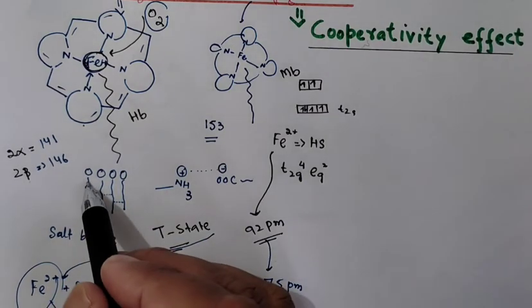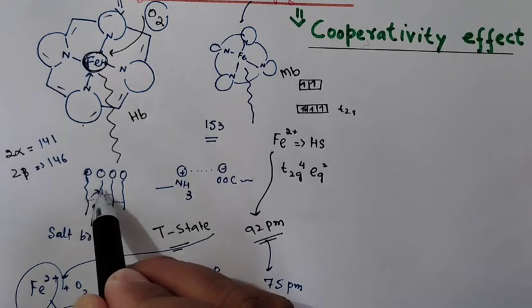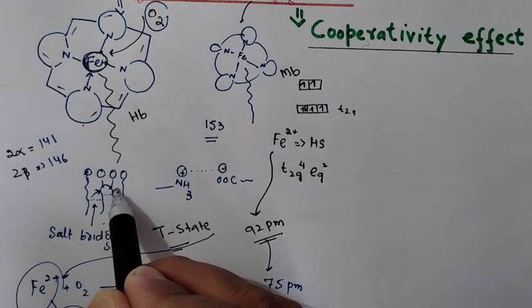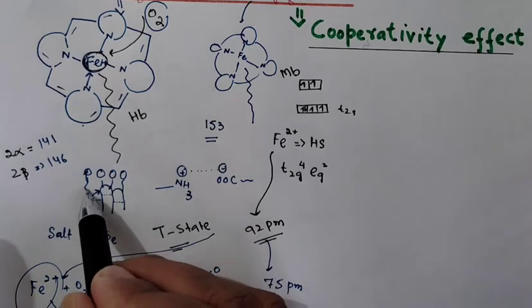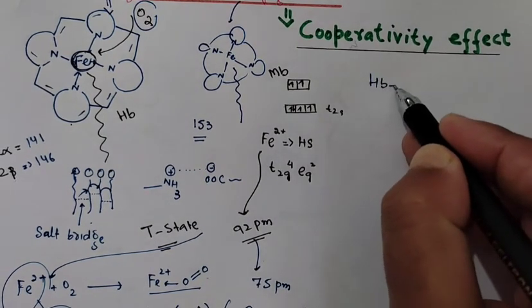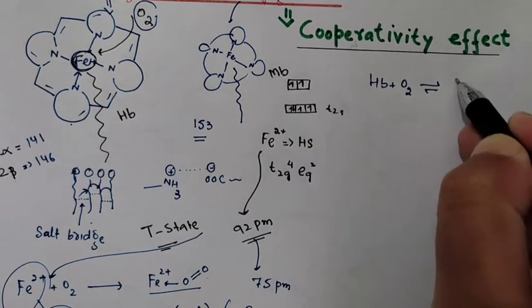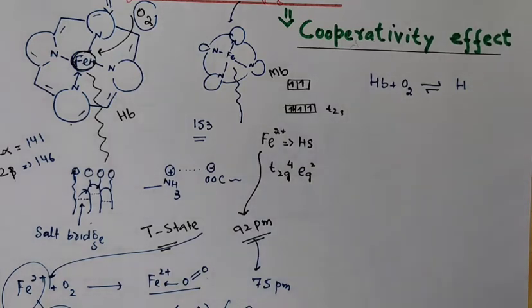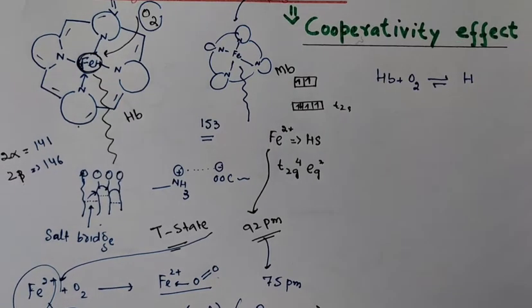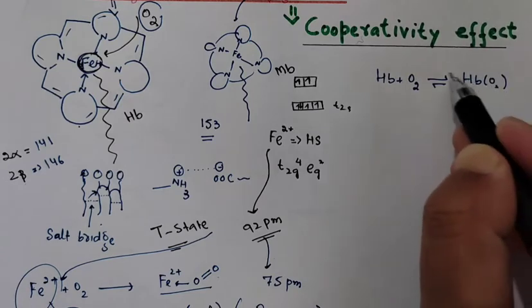So as one moves inside, since it's linked by these salt bridges, it affects this chain also, and then this simultaneously affects this chain, this affects this chain. उससे क्या होता है, that जो पहला molecule bind हो गया, if we write down the equilibrium, so when the first hemoglobin molecule binds with the oxygen, this is a reversible equilibrium we know, क्योंकि ये lungs में इसको pick करते हैं, then inside the tissues they release this oxygen while the pressure is very very low, while in the lungs the pressure is very very high. ठीक, so it's called as FbO2. So we write down this is your equilibrium constant.